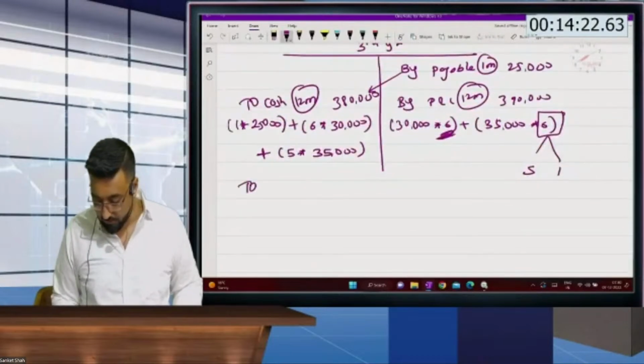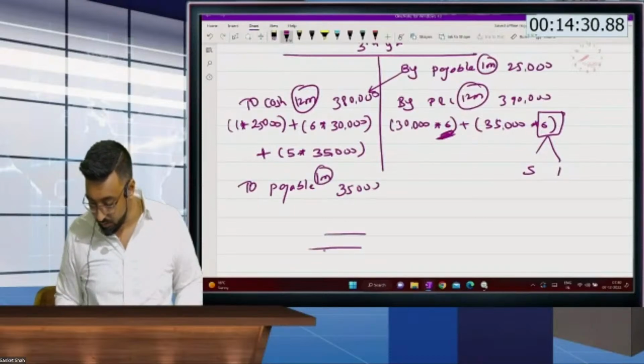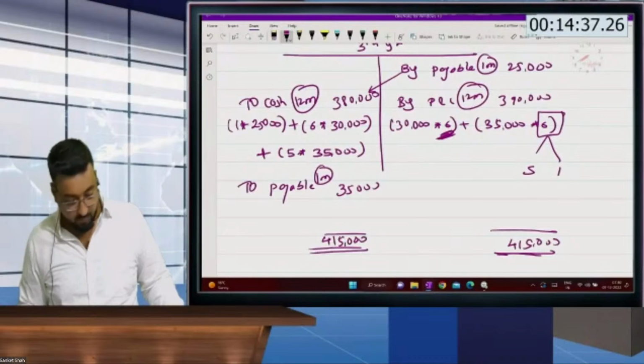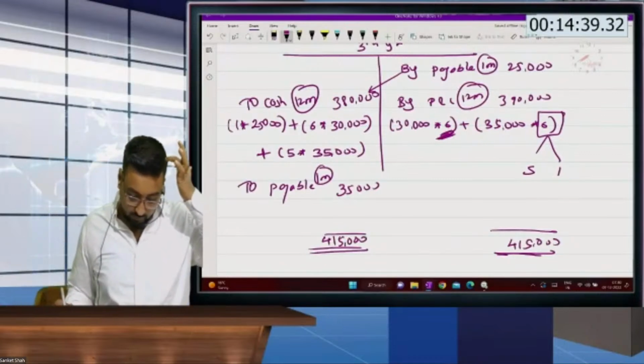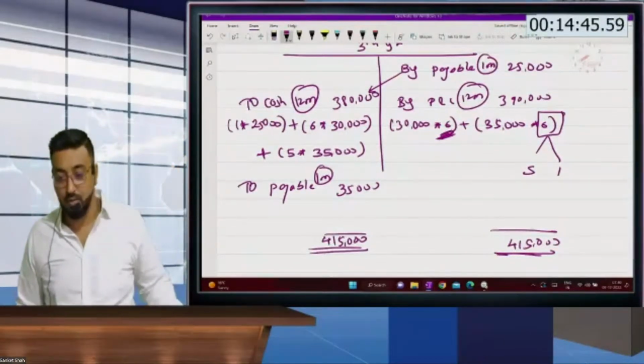3,80,000 and to payable, 1 month last 35,000. So 4,15,000.